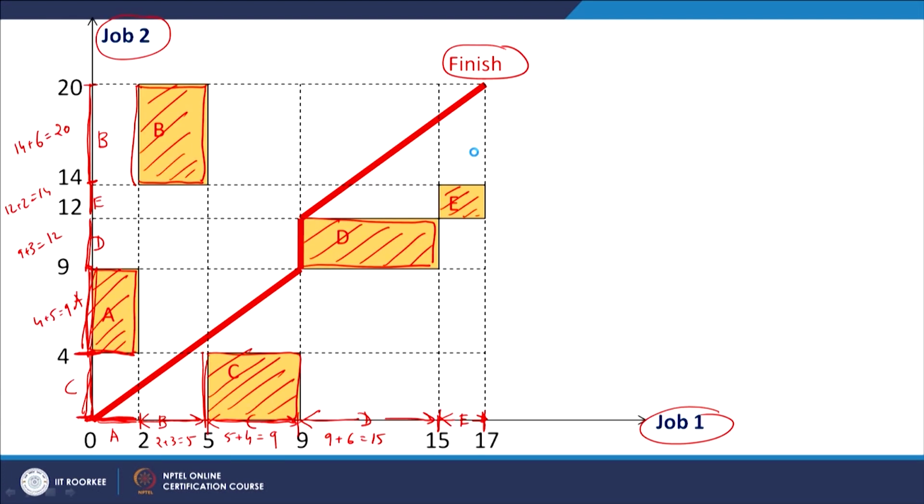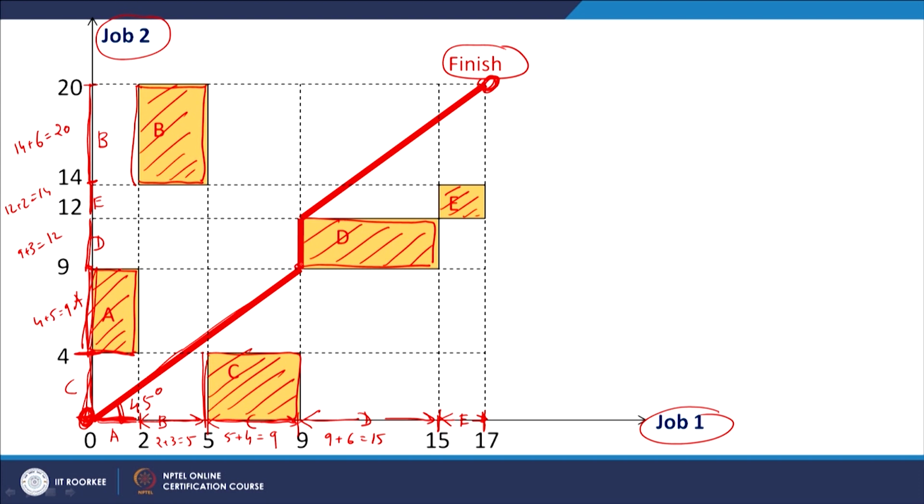Now, this has to be understood carefully. We will now determine the optimum path. We have to determine the optimal path starting from the origin to the finish. And how do we have to do this? We have to construct a line in such a way that the 45 degrees angle is made over here, okay, and keep on moving like this until you hit across a particular rectangle.